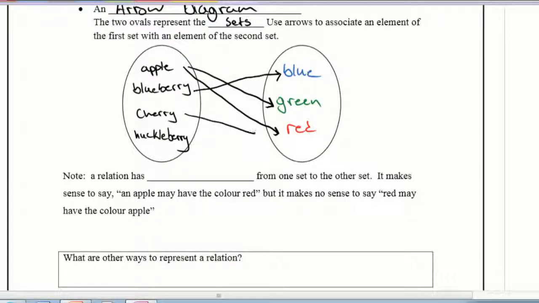Cherries would be red, and huckleberries are blue. So those are our two sets. And I guess the relation, you can write it in here, you don't have to, but we decided this would be "may have the color."